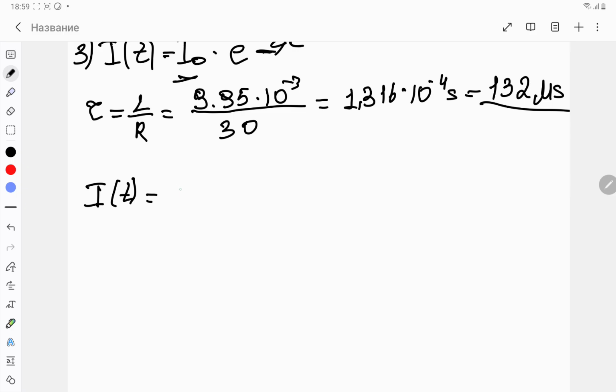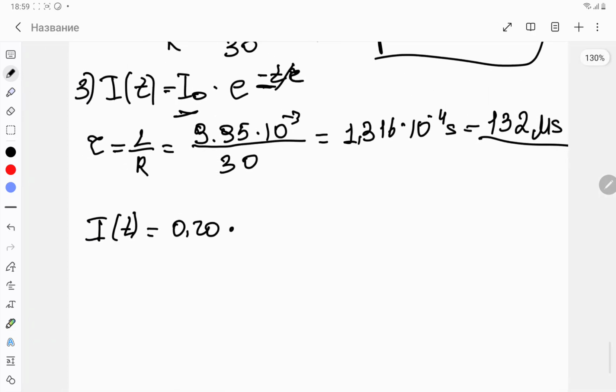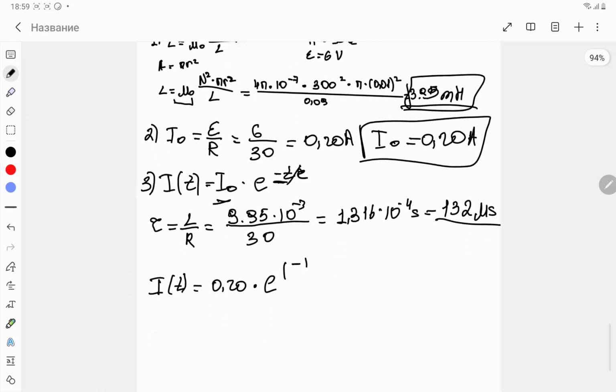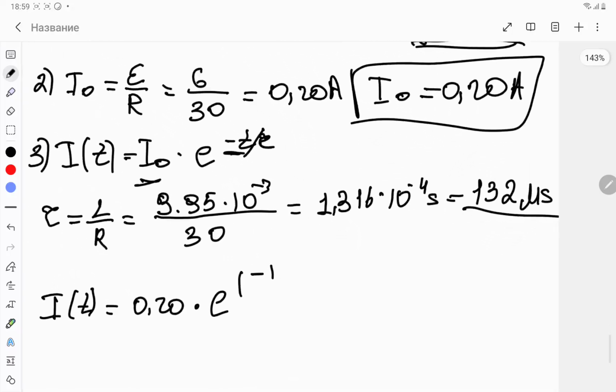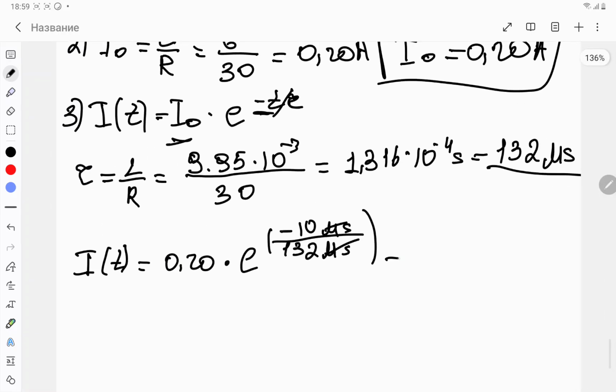The initial current we solved is equal to, times e to the minus, time is 10 milliseconds, yes, am I right? Okay, over seconds, we just write like this is equal to.